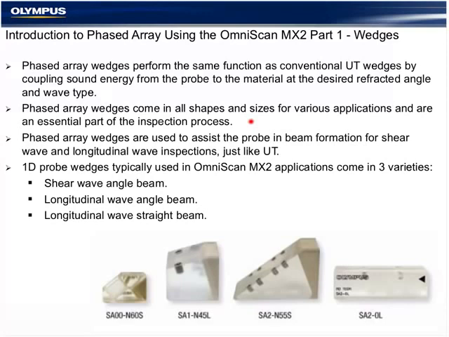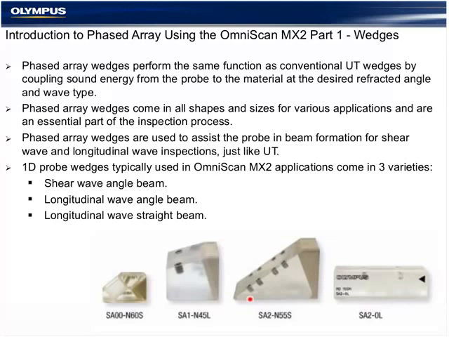They generally can be divided into 3 specific groups in our catalog and in the applications. Shear wave angle beam inspection. In this case, we would steer the beam at a refracted natural angle of 55 degrees in carbon steel, so we would cut this wedge at approximately 36 degrees.